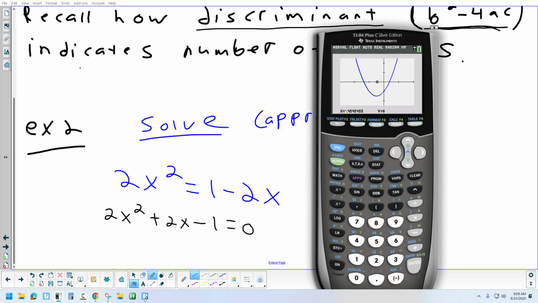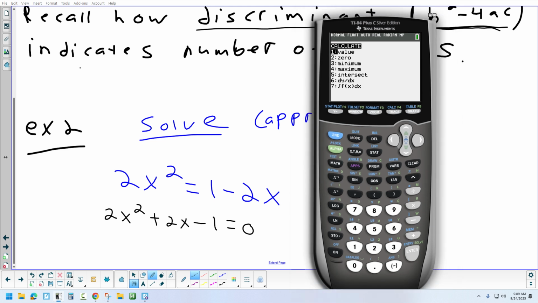So to calculate a 0, press second, trace, and the second option down is 0. Like a lot of the things in this menu, it's going to ask you 3 questions when you pick option 2. The first thing it says is left bound. Left bound means you need to move your cursor until you are to the left of the 0 you're trying to find. We're going to have to do this twice because I can only find one at a time.